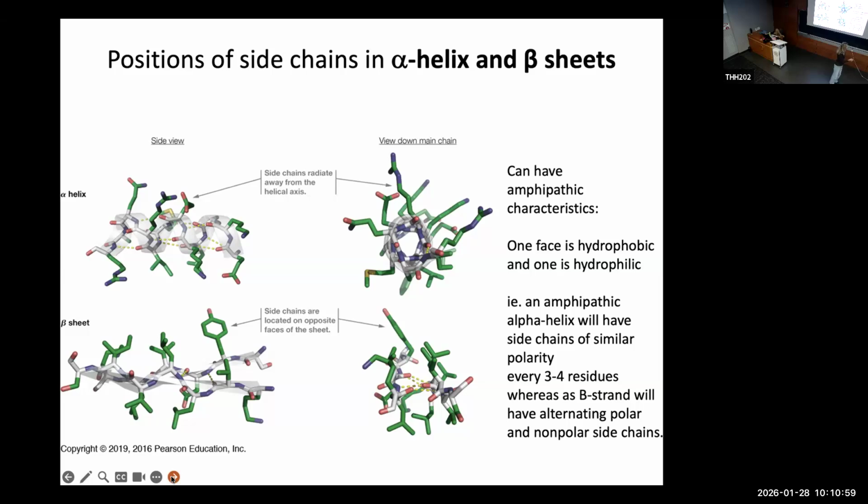The beta sheet can also do that. It's pretty simple to create an amphipathic beta sheet because each alternating amino acid side chain projects either above or below the structure. So you can have hydrophilic, hydrophobic, hydrophilic, hydrophobic, and so on, and that would create a sidedness to that structure as well.